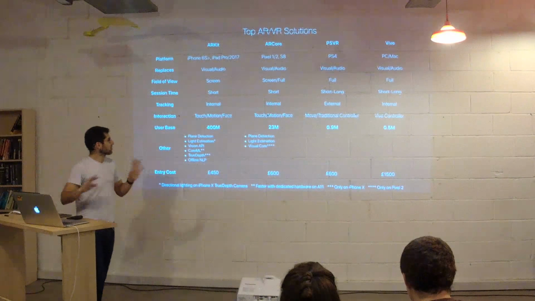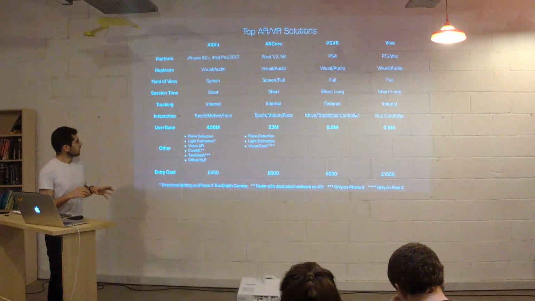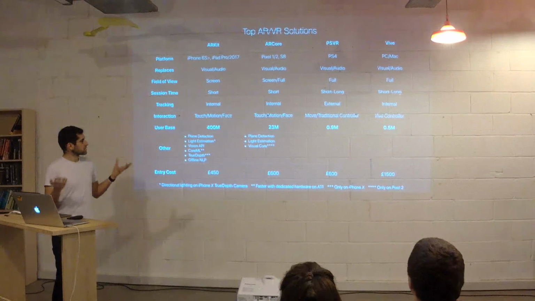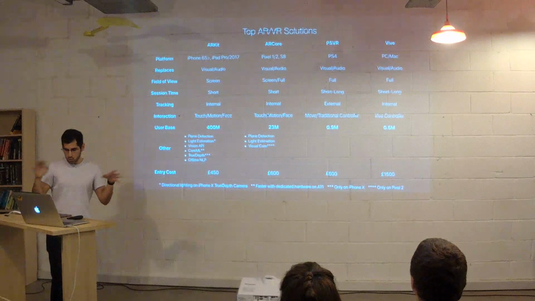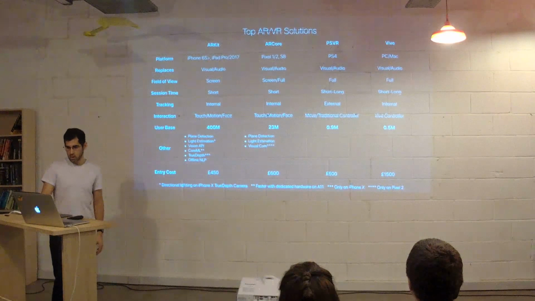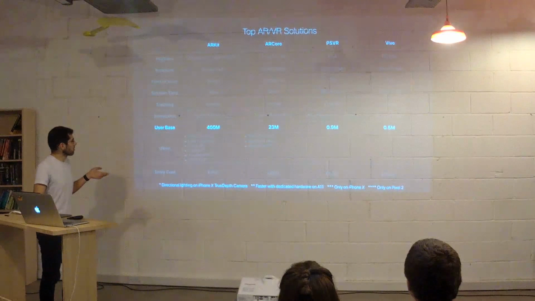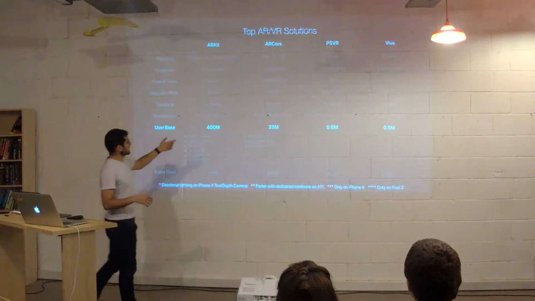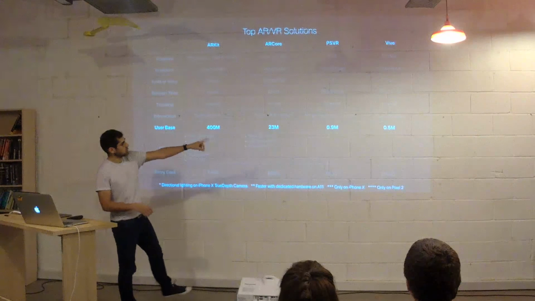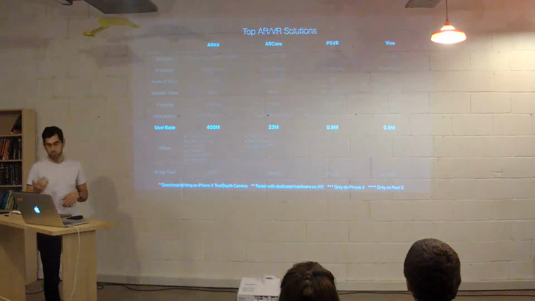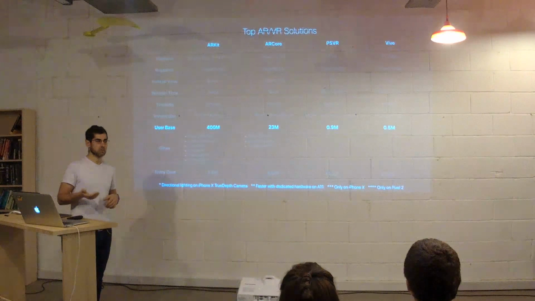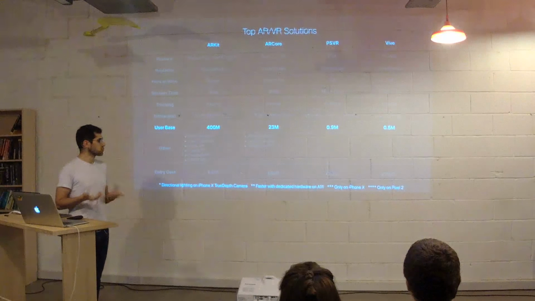If you look at all of the different bits and all of the top main solutions, there's a lot you could compare. But if you look at mobile, and especially ARKit, you can see that you go from 0.5 million on the Vive, 0.5 million products sold. It's really, really popular.